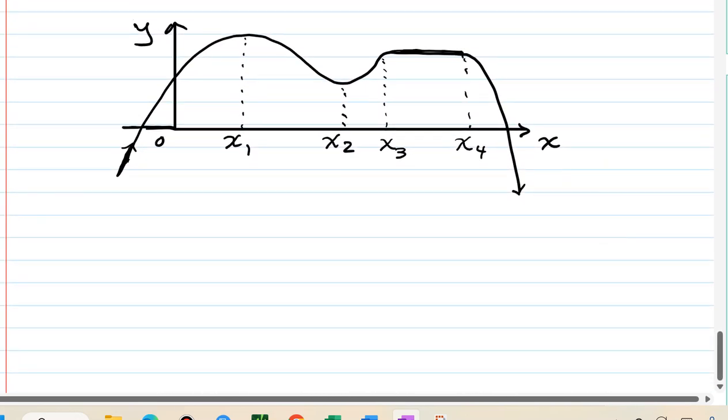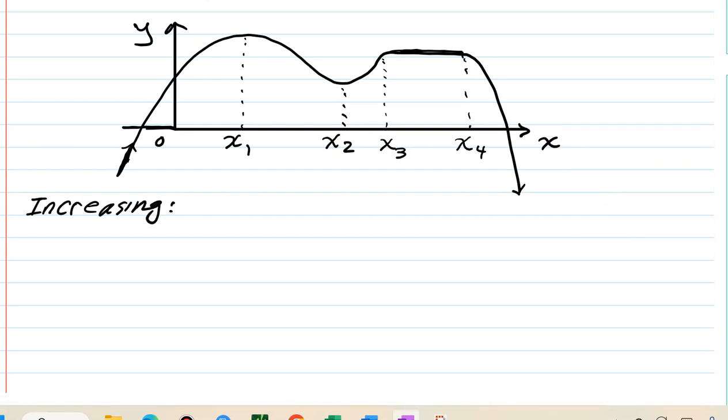Let's put increasing, and then decreasing below it, and then constant. They don't have to be in that order, by the way. Just need three categories, and that's how I chose them.